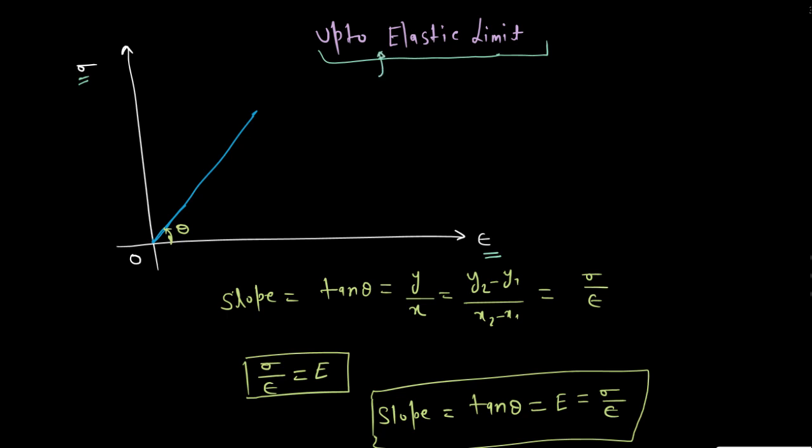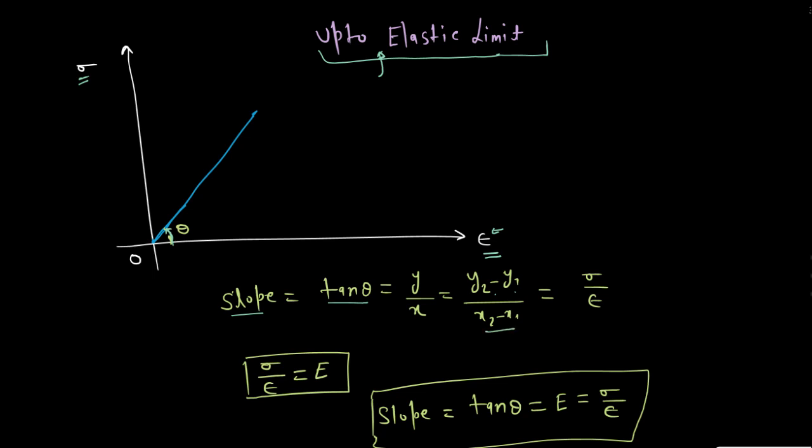The slope of any straight line is given by tan theta, where theta is the angle measured from the positive epsilon axis. Then tan theta, or slope, is equal to y upon x, or simply y2 minus y1 divided by x2 minus x1.